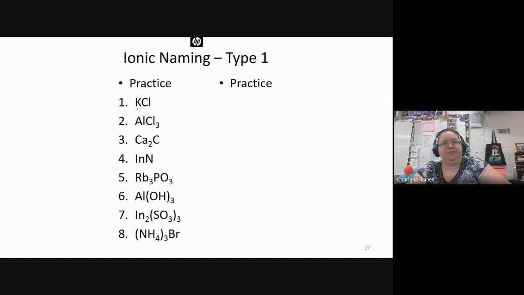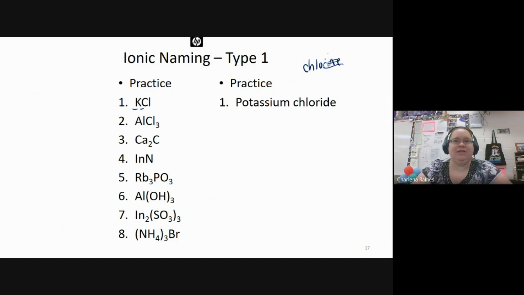So 2 capital letters. This is an L, not an I, because if it was an I, it'd have a dot. I've got K, which is potassium, C, chlorine. We keep the chlor, keep the first syllable, and replace ine with IDE, potassium chloride.